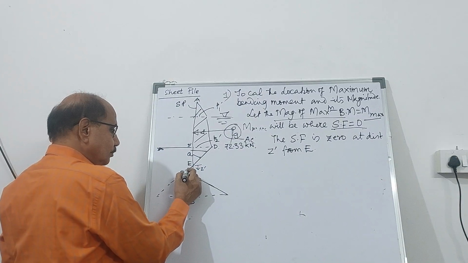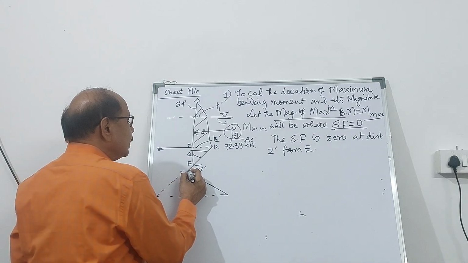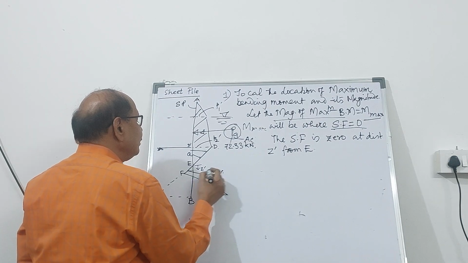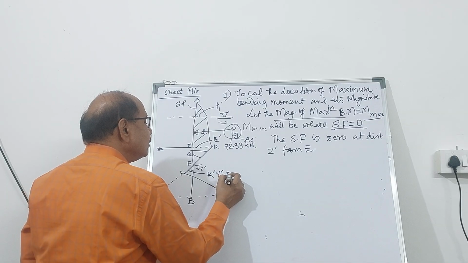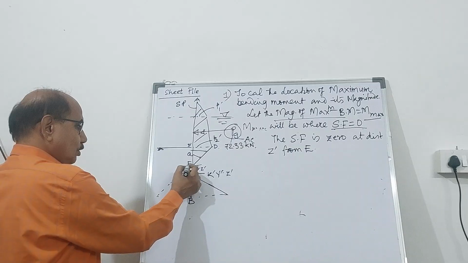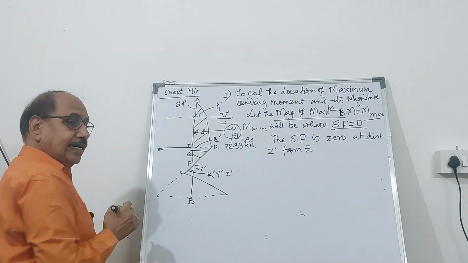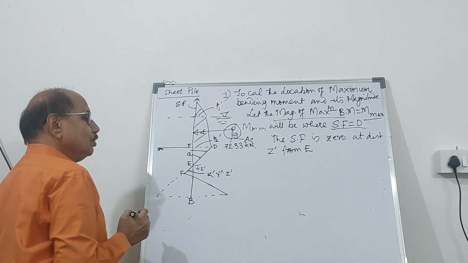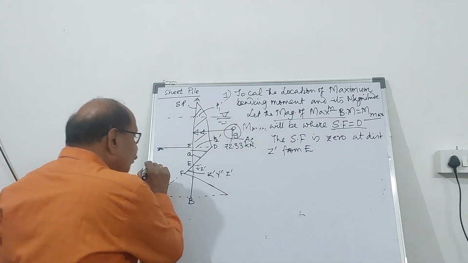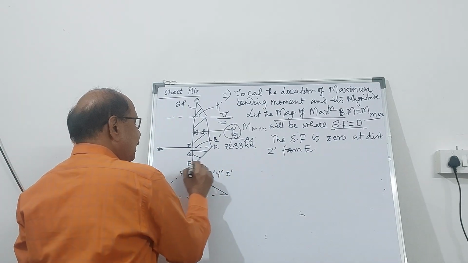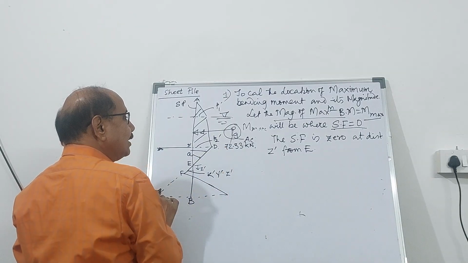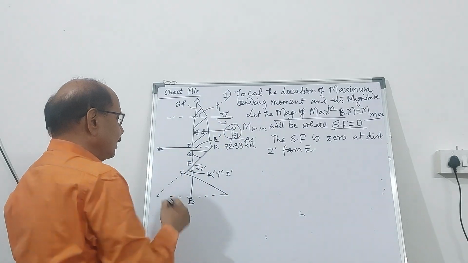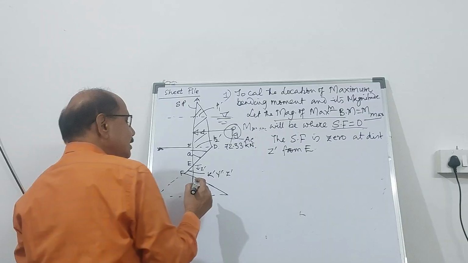So at Z prime, the pressure will be equal to K prime gamma prime into Z prime. So this is the pressure distribution diagram in a cantilever sheet pile. Therefore, the force on this side, that is towards the right hand side, this is the force acting towards left hand side, and this is the force acting this way.